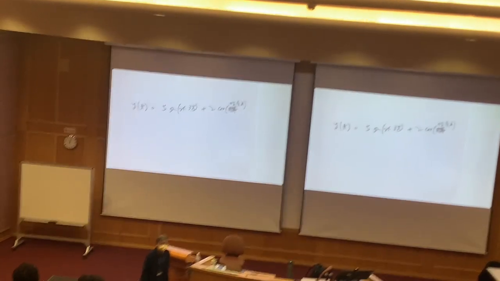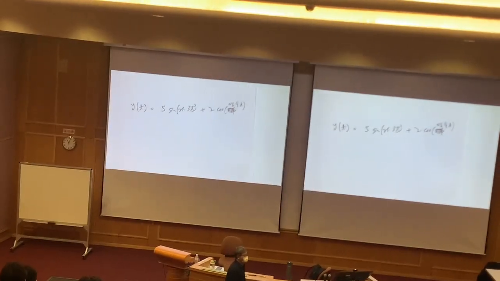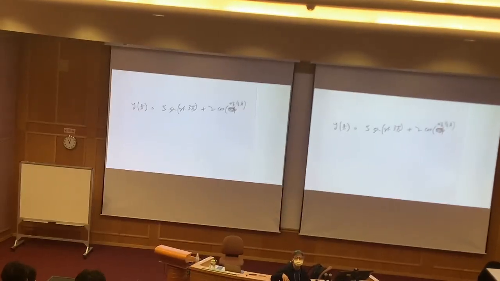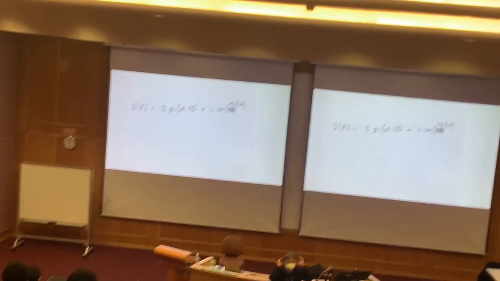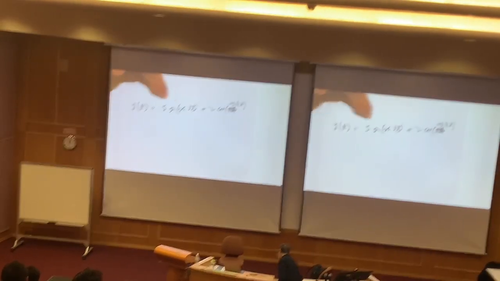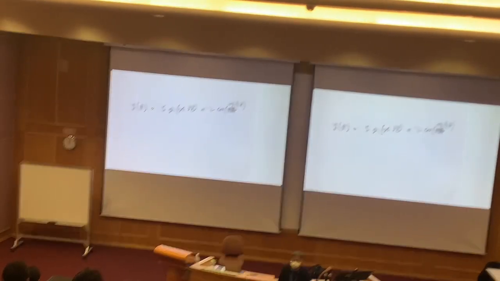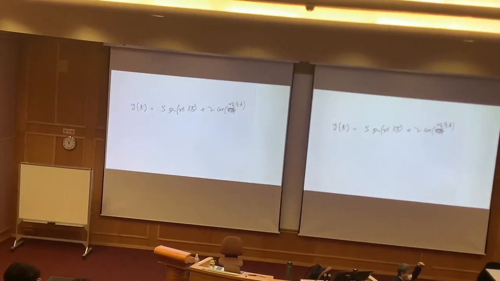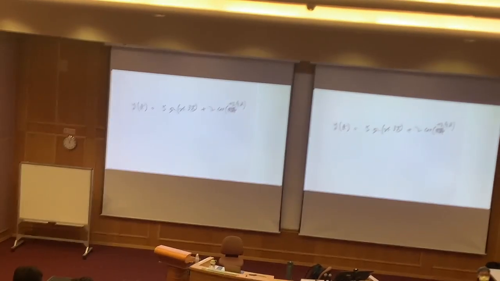Now, of course, I don't tell you what they are. I just tell you, I have a signal, I just give you the y. I don't tell you the y comprises these two. I just give you the y. And what do you do? You go to your 1000 basis functions and dot product each one of them. And then can you tell me what are the two vectors that will respond with non-zero after dot product?